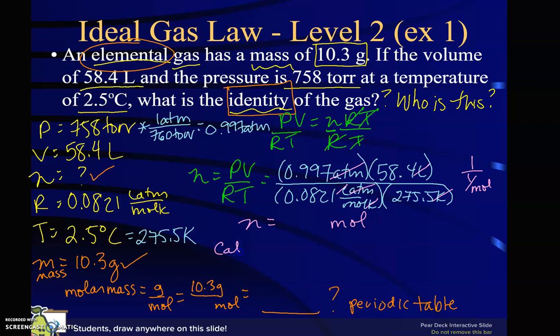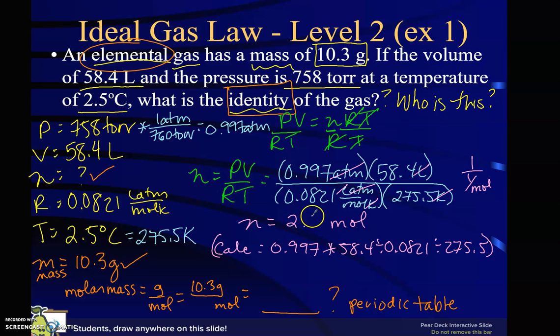Yay! So let's put this in the calculator. That is 0.997 times 58.4 divided by 0.0821 divided by 275.5 equals. And we get 2.57 moles of my elemental gas.